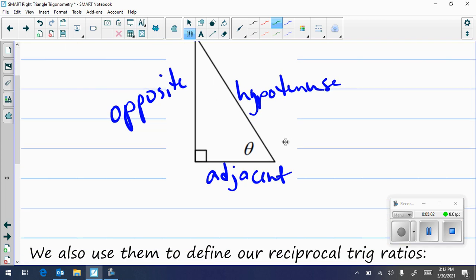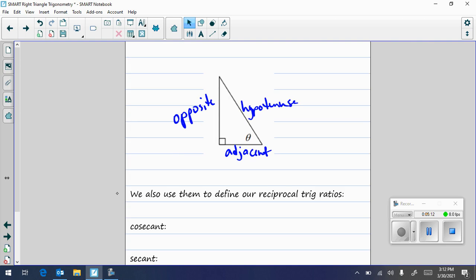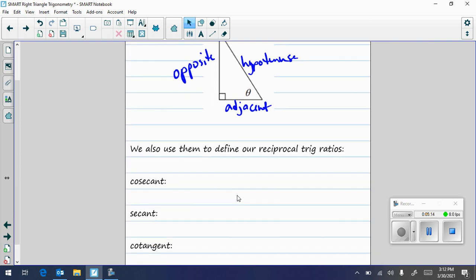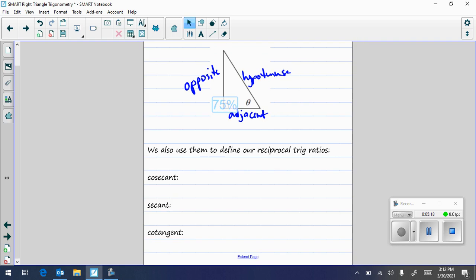I rewrote it here so that we could have it all on the same page. So you don't need to rewrite it because we're using that same opposite over hypotenuse, adjacent over hypotenuse, and opposite over adjacent, but for our cosecant, our secant, and our cotangent.